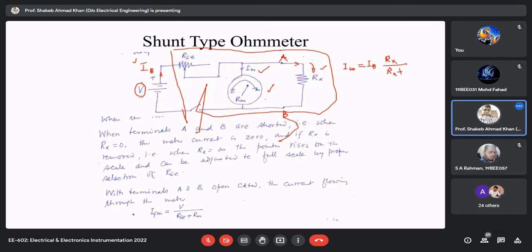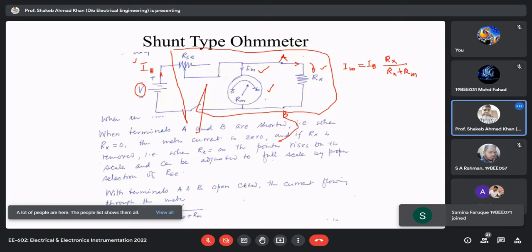This is basically the current divider equation, and this is the meter current.